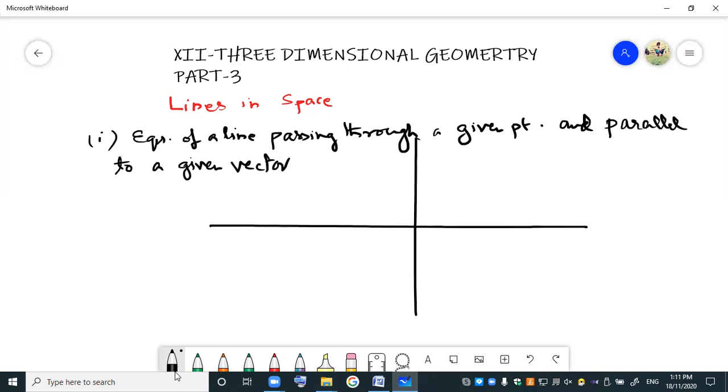Or you can take this one as x-axis, and this one is your y-axis, and this one is your z-axis.